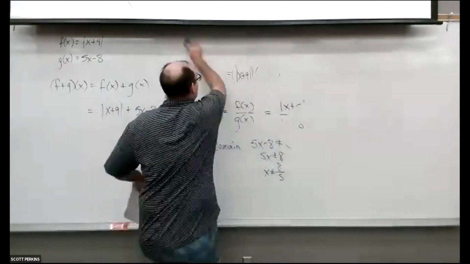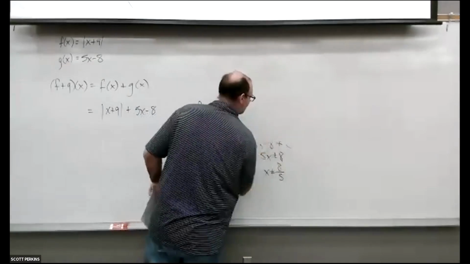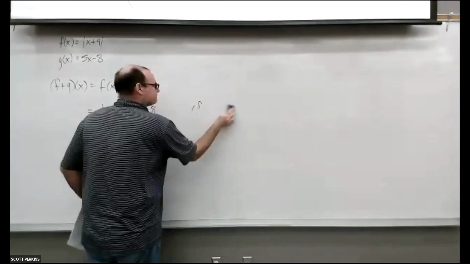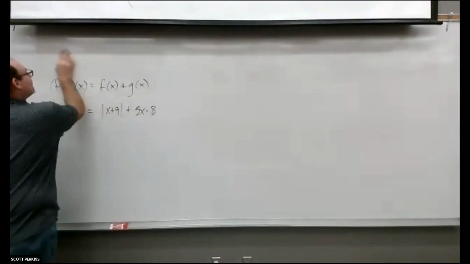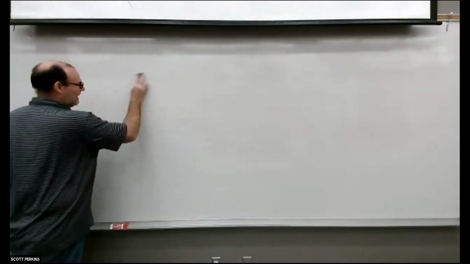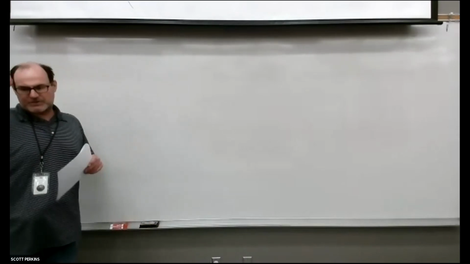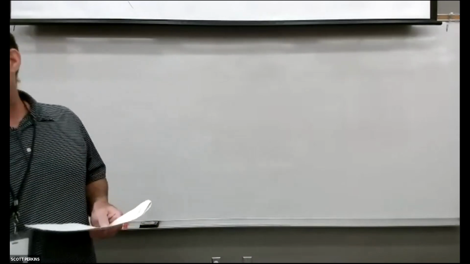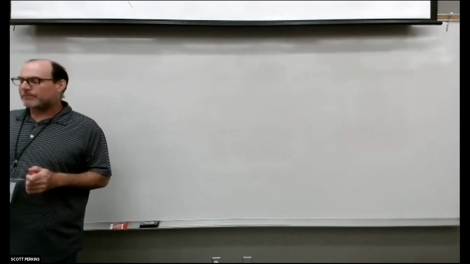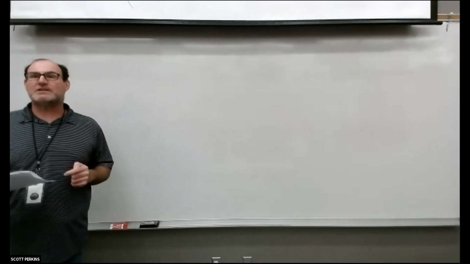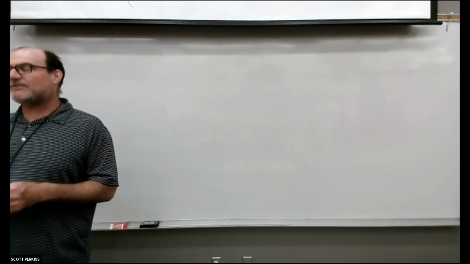The last operation is called function composition. It has a lot of impact on things that we will talk about coming up in the future in this class. So the composition of functions. If f and g are functions, then the composition of f and g is given by this.